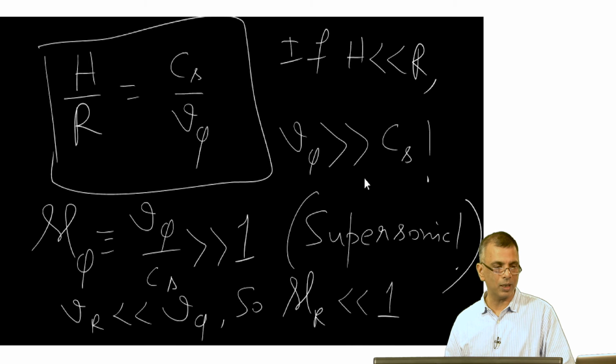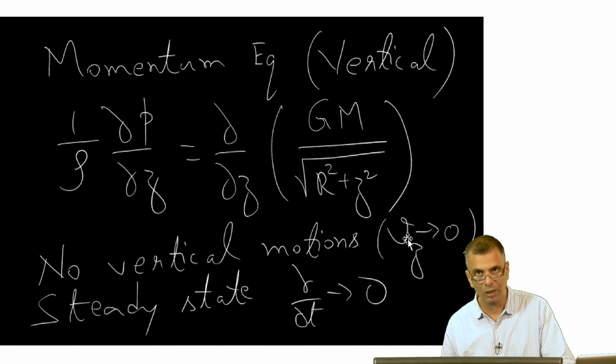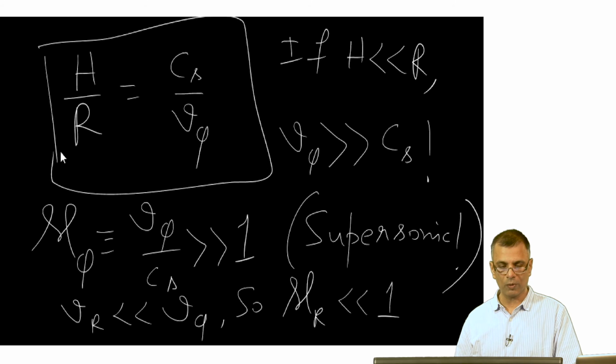Okay, all right. And of course, in writing this momentum equation, we have assumed that there are no vertical motions. So, Vz is equal to 0. So, this is one important part. What we've done is derive a very important thing from the vertical component of the momentum equation.